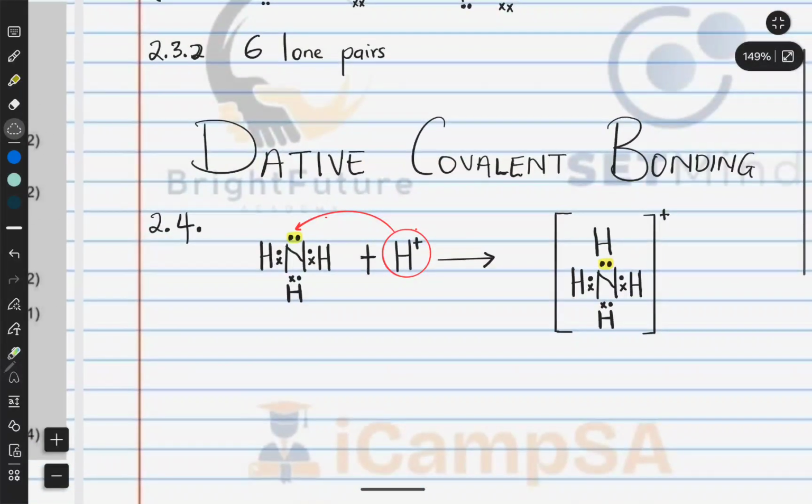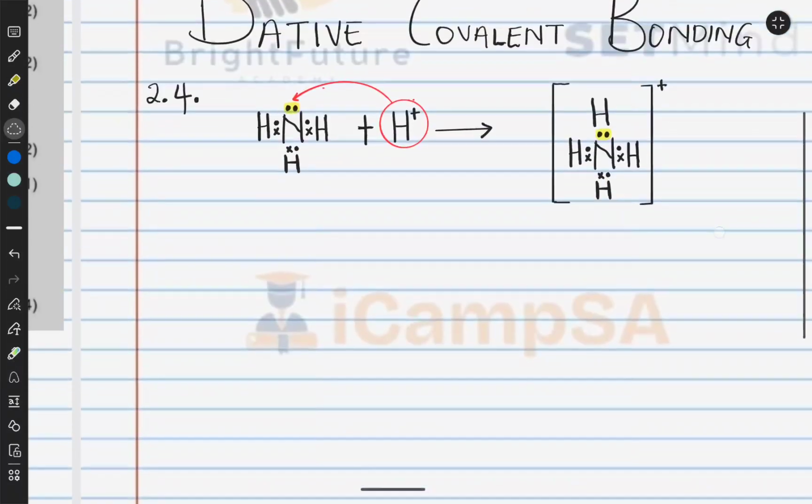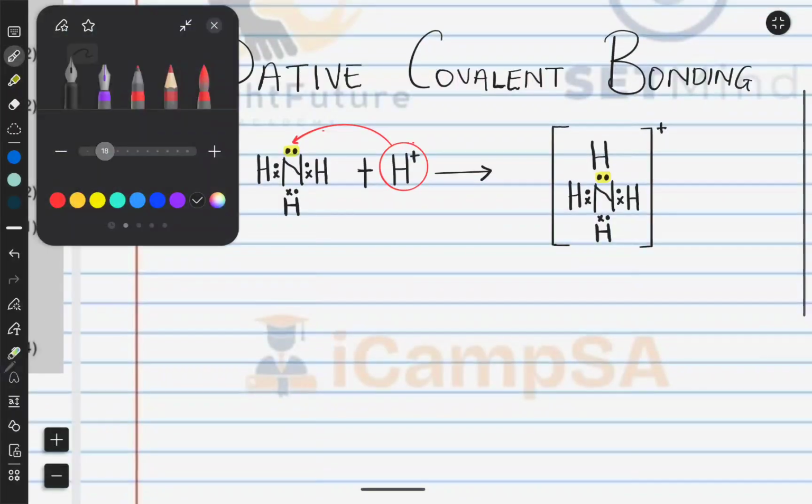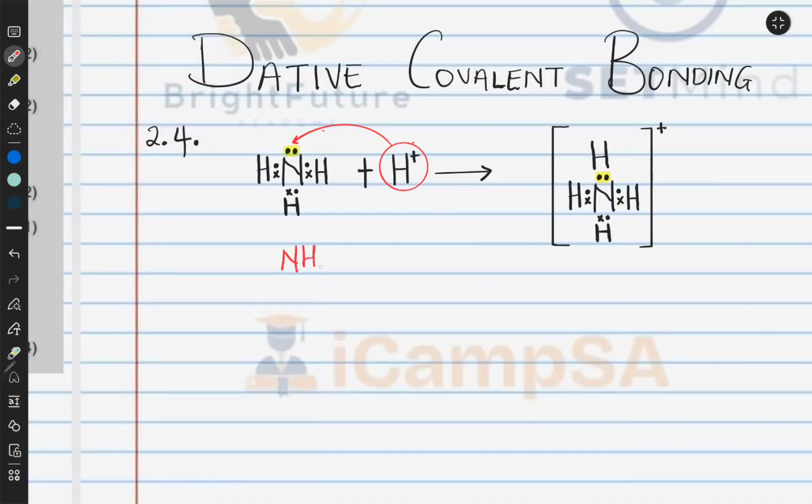All right, so that's what typically happens in dative covalent bonding. Here's another example. Before we go to that example, if you check, we had NH3, and it bonded to its H plus to form NH4 plus.